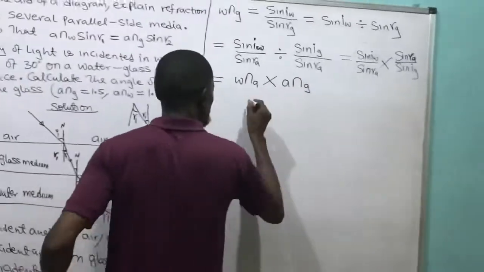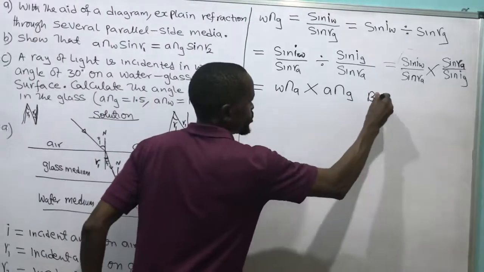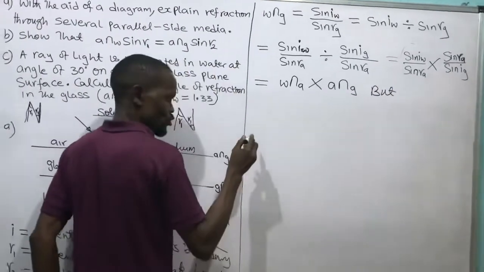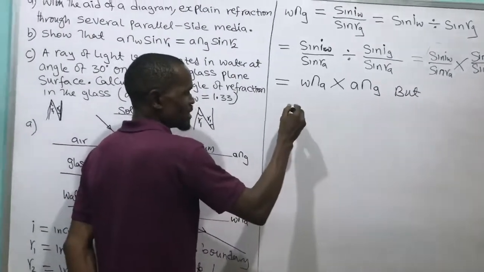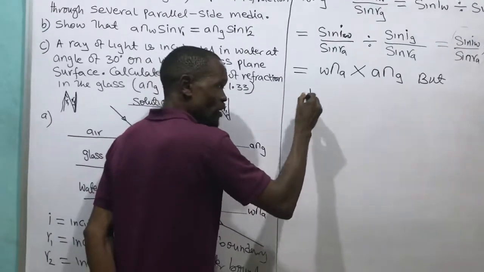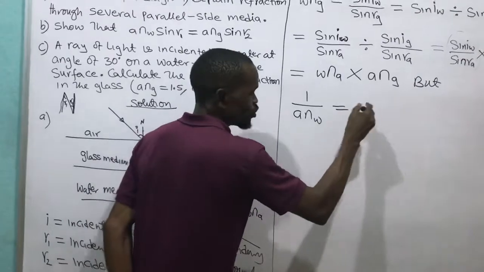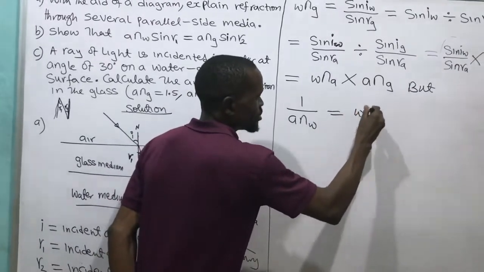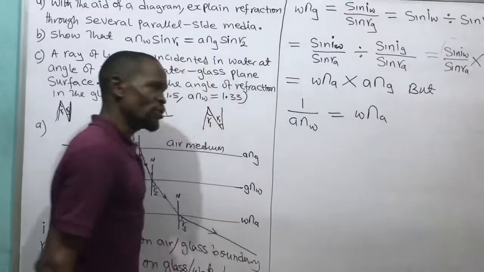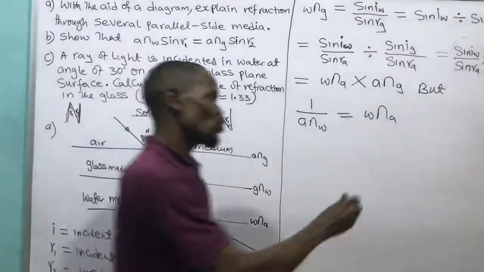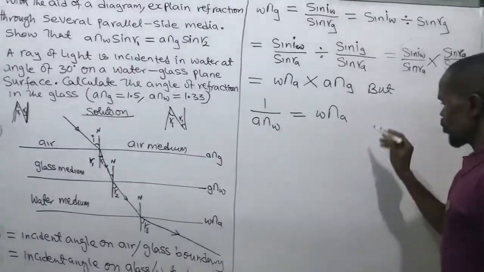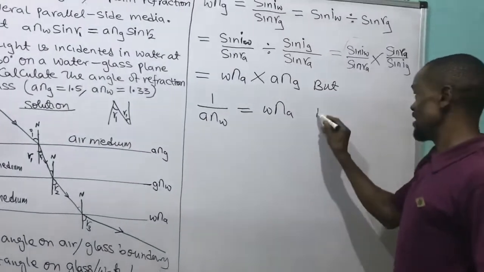But I know that 1 over air to water is equal to water to air. Do you know? Yes. That's what we call reversibility of light.